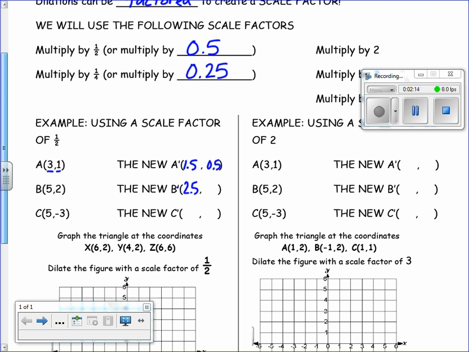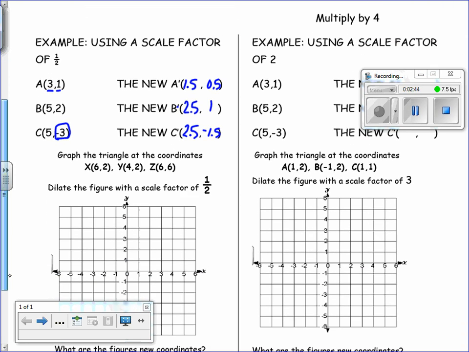B is our original, B prime is the point that's been dilated. And 2 times 1/2 would be 1. 5 times 1/2 again would be 2.5, C prime. The x would be 2.5. And then -3 times 1/2, you would just say -1.5.